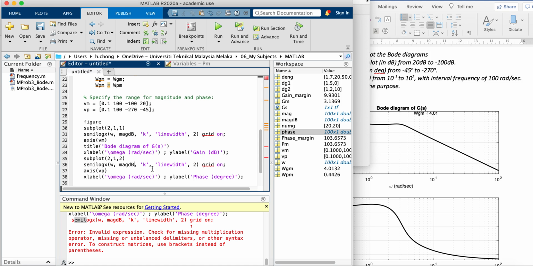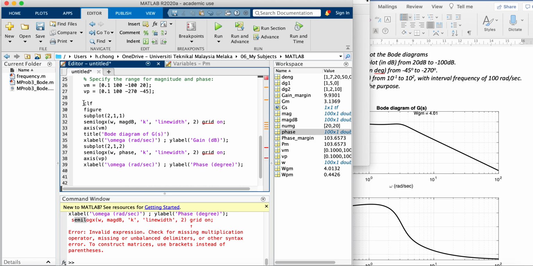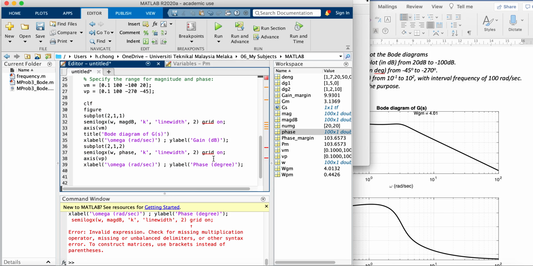Phase, and this one we multiply by phase. Okay, this still does not work, because it says we don't have it here.